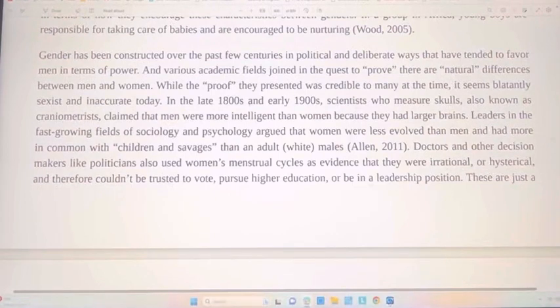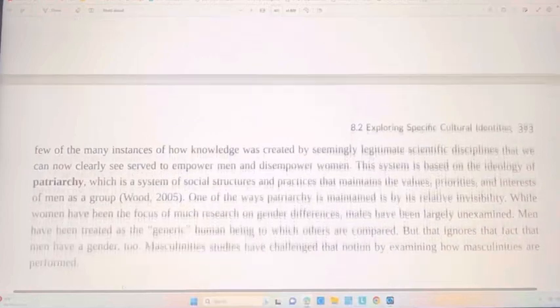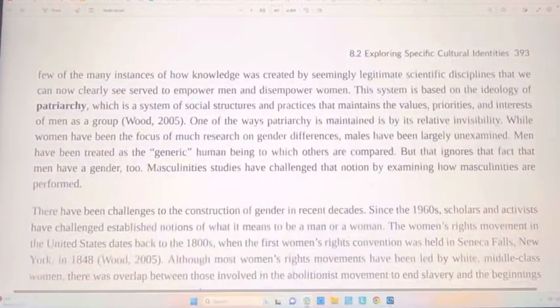Doctors and other decision makers, like politicians, also used women's menstrual cycles as evidence that they were irrational or hysterical and therefore couldn't be trusted to vote, pursue higher education, or be in a leadership position. These are just a few of the many instances of how knowledge was created by seemingly legitimate scientific disciplines that we can now clearly see serve to empower men and disempower women.